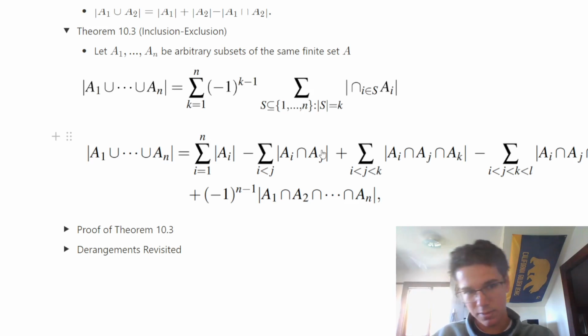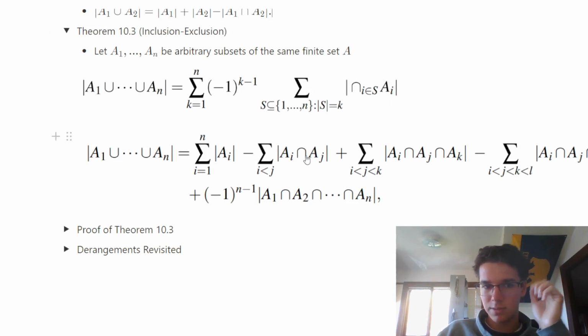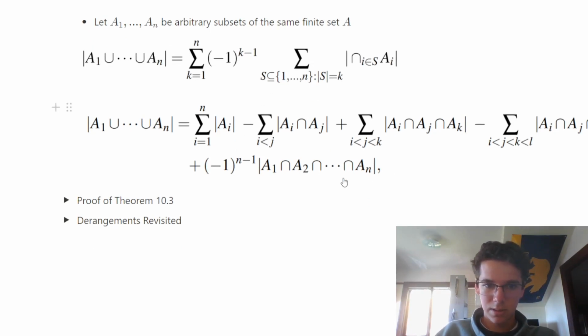So we're going to alternate adding and subtracting as dictated by this term, and it's going to be one subset, then the intersection of two subsets, the intersection of three, the intersection of four, all the way up until n.